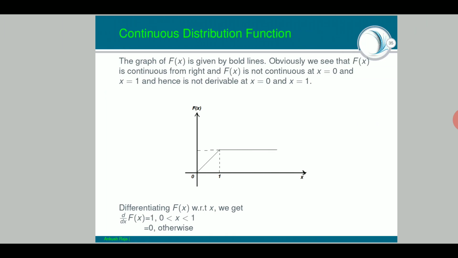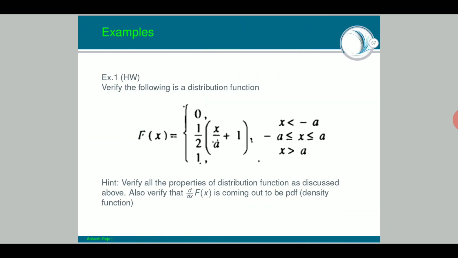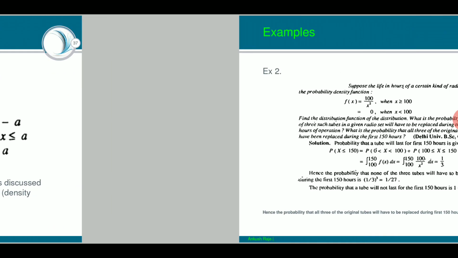Verify all those for this given function. Also verify the sixth property, which is important: verify that d by dx of F of x comes out to be the PDF, the probability density function. You have to solve this problem on your own. If you are facing any problem, just mail me. I will help.